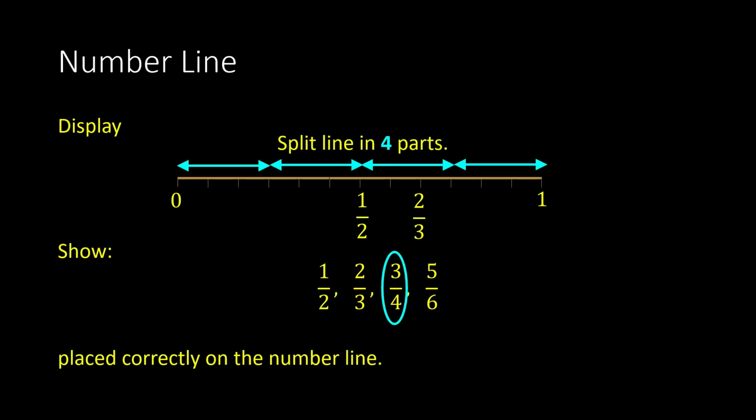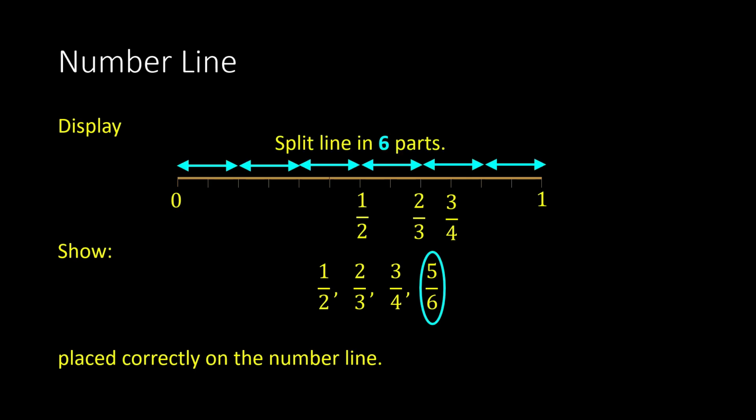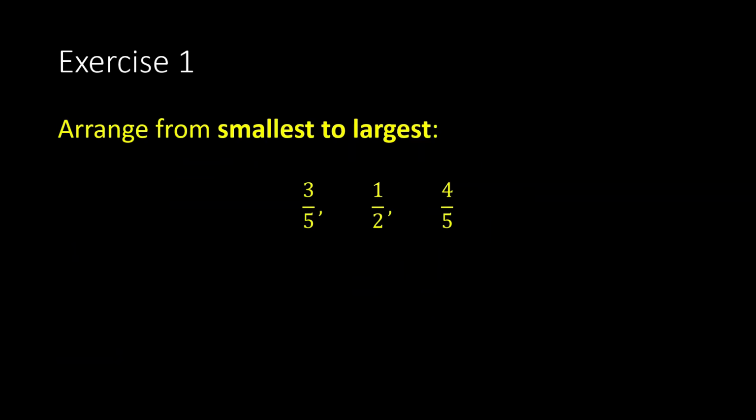For 3 over 4, split the line into 4 parts and position 3 over 4, 3 of these parts along, here. And finally for 5 over 6, split the line into 6 parts and place 5 over 6, 5 parts along, here.